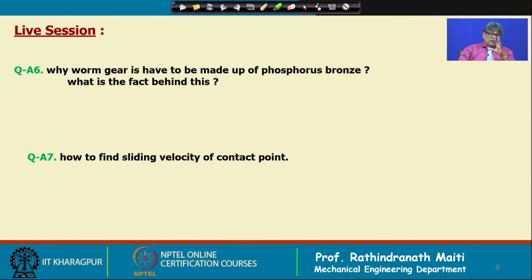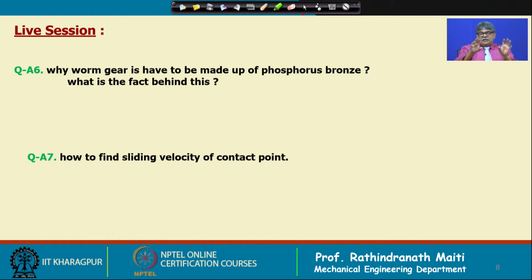This is on the gear, we are using it on the gear, but the pinion is made of steel. Okay. So, that formative number which I am talking about, the pinion has sufficient strength, and the worm wheel will also have sufficient strength.